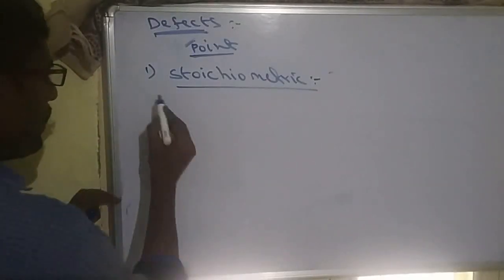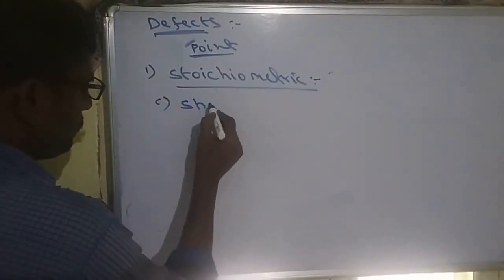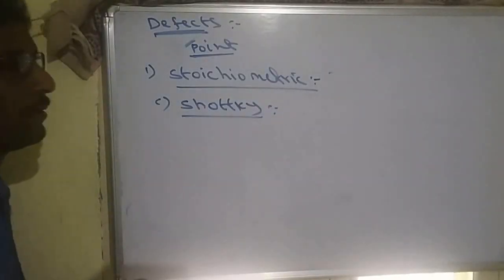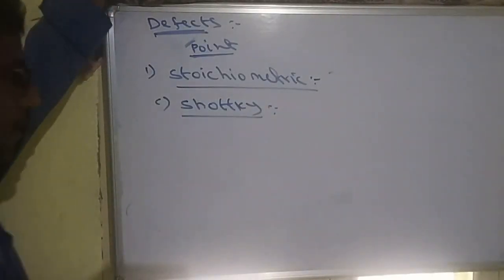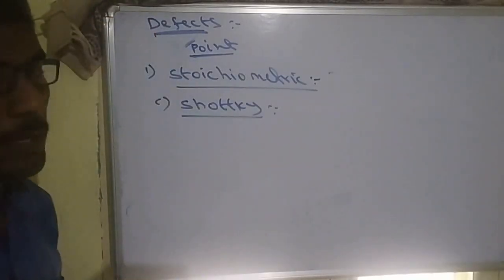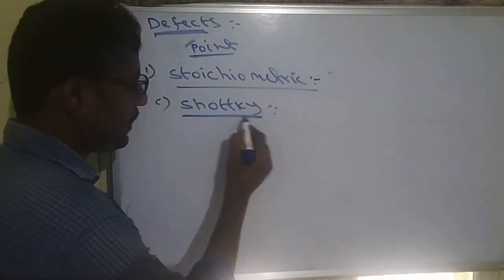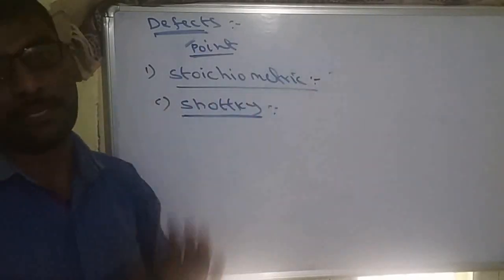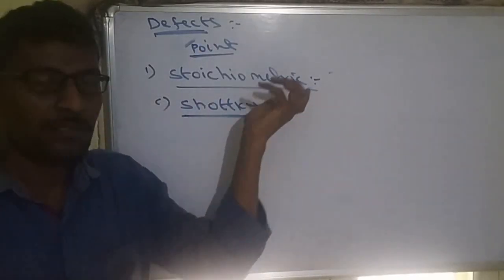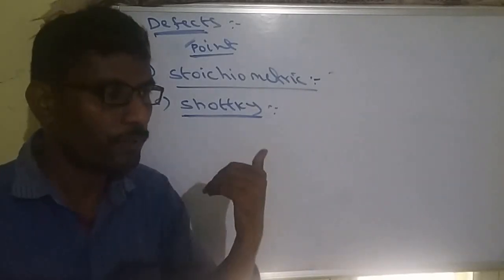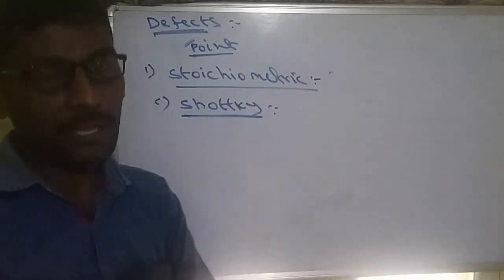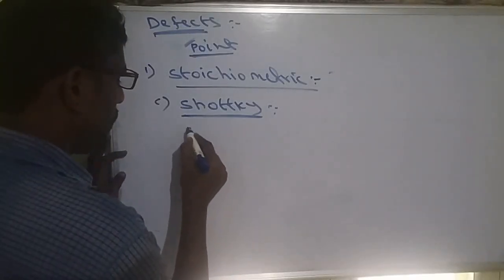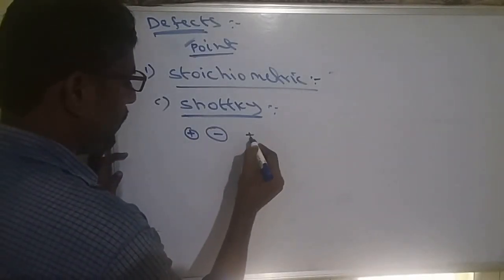Another stoichiometric defect is Schottky defect. What is the Schottky defect? It is the vacancy defect in ionic solids. Vacancy means missing of particles. If this missing happens in an ionic solid, then that is called Schottky defect. In ionic solids, positive ions and negative ions will be there.